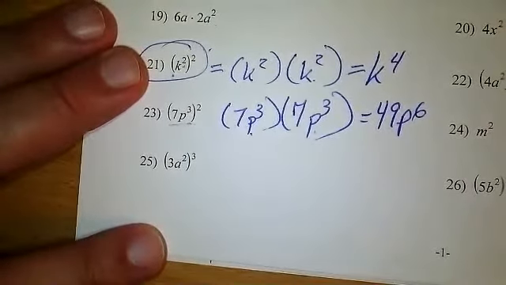Let's do number 46 here. What number is going to be in front there? 35, right? Because 5 times 7 is 35. How many x's do I have in that problem?